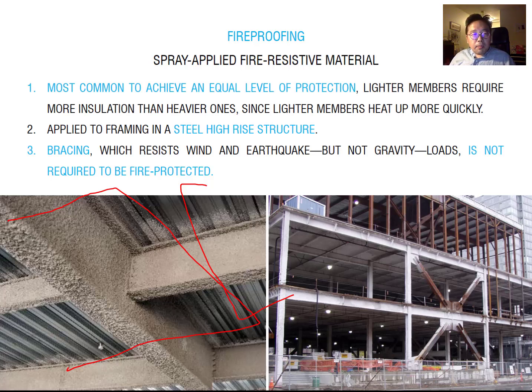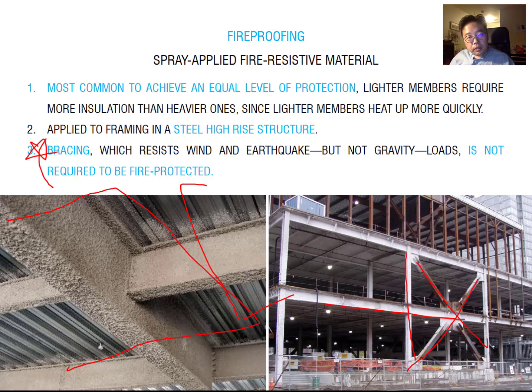Also, this is a very important point from the lecture, bracing. You remember about the bracing, you can see the X bracing here. The X bracing is for the lateral forces, right? But this beam and column is for the live load and dead load. Please remember the fire resistant rating is only required for the dead load and live load, which is for the beam and column.